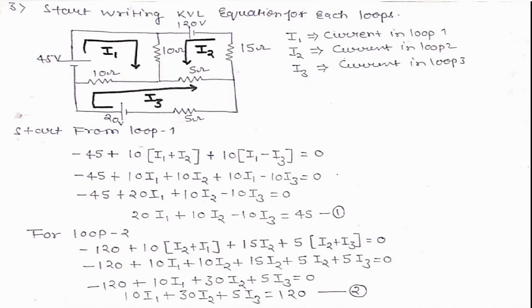When you write down the equation, a very important thing: if any current is leaving from the positive, or coming into the negative, then that voltage is always represented with a negative sign. That is the important point.